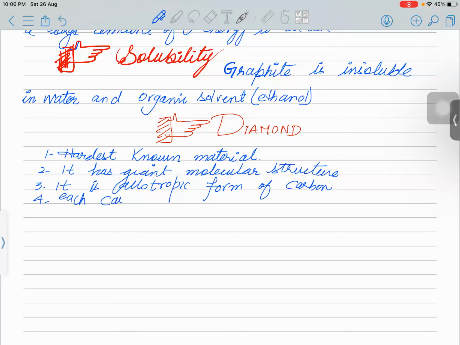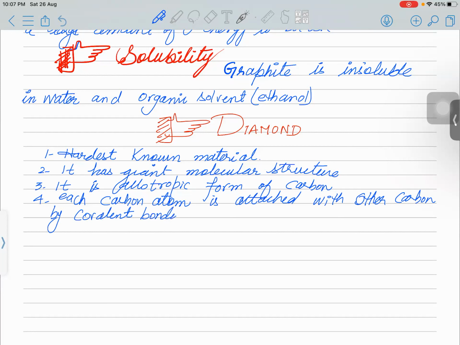Each carbon atom is attached with other carbon atoms by covalent bonding.